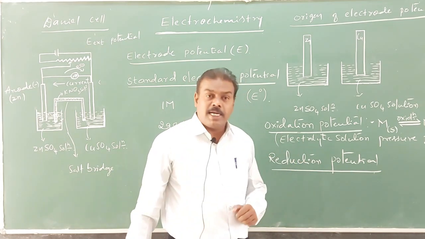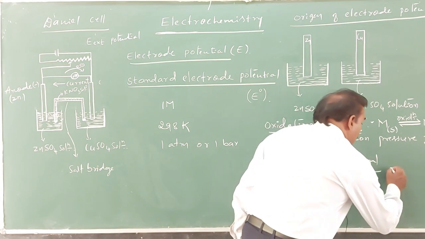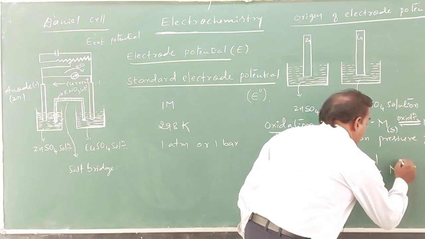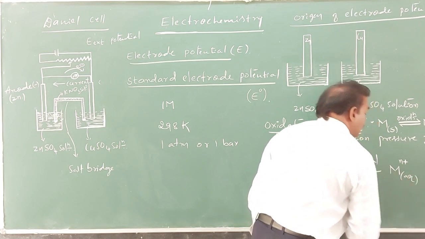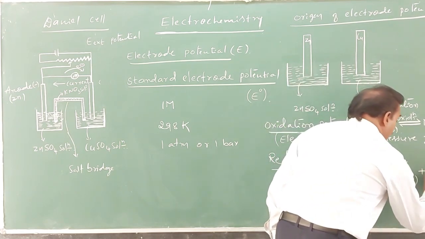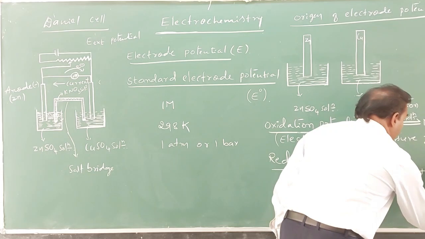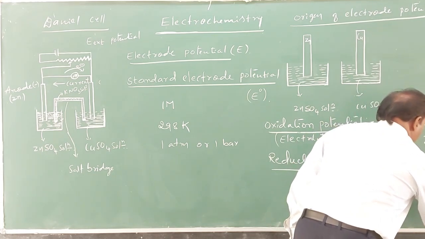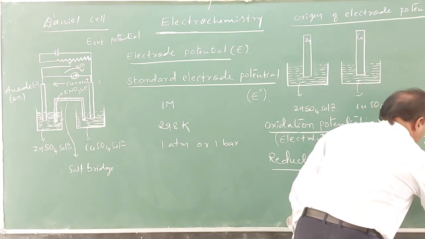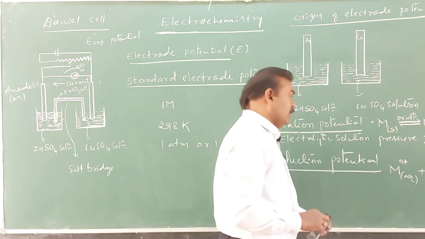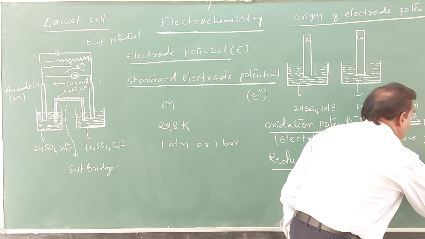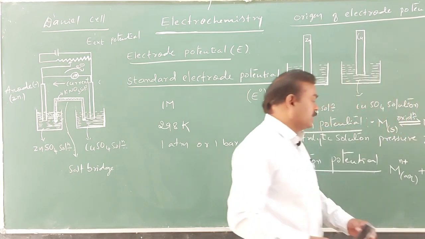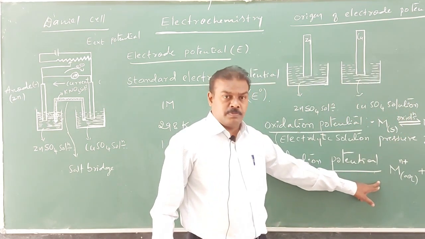It is represented in this manner: the metal ion having a positive charge in aqueous solution takes the required number of electrons, like n electrons, and forms the solid metal. This is the reaction given by reduction.